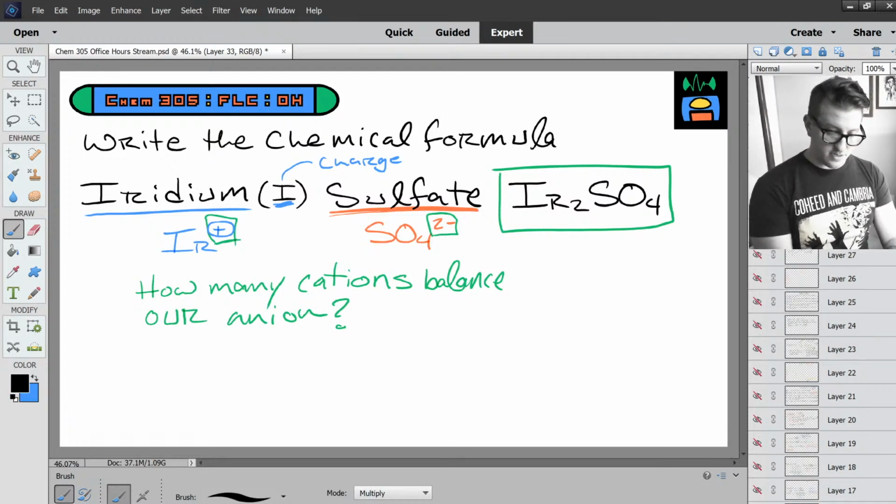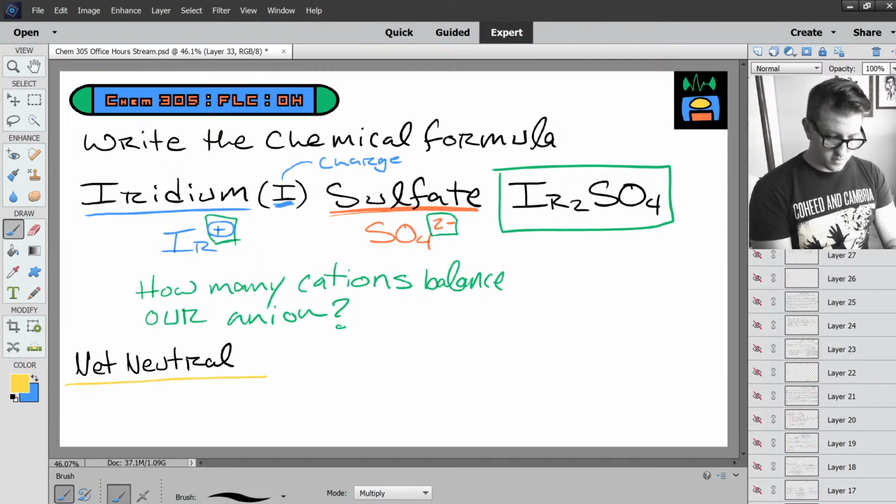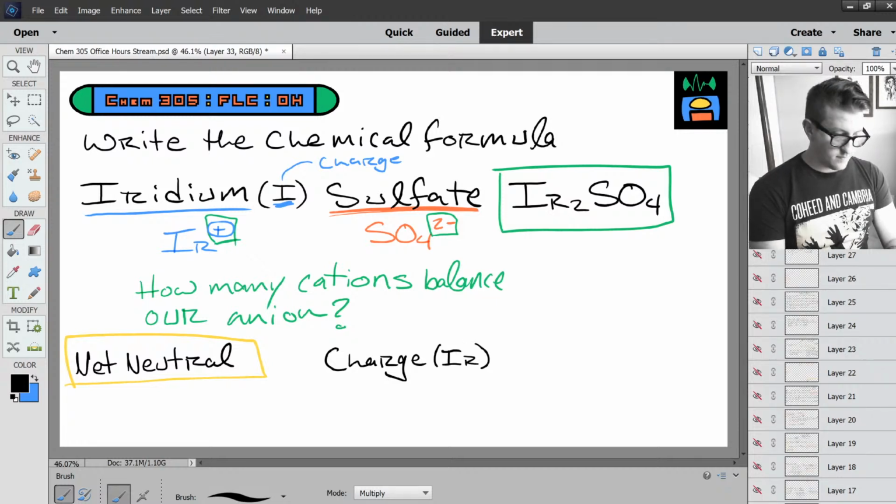Okay, so the maths here. Remember, we got to be net neutral. That means that our charge for iridium plus the charge for sulfate needs to equal 0.